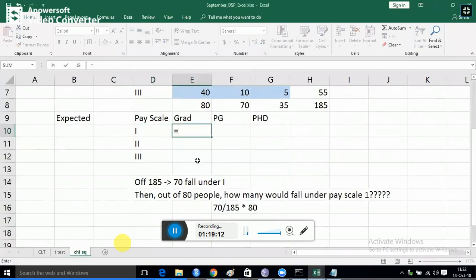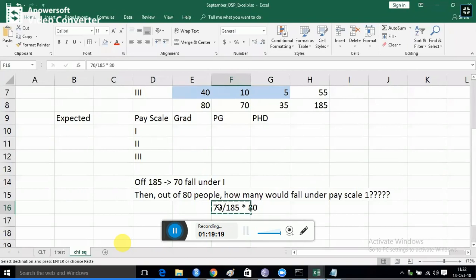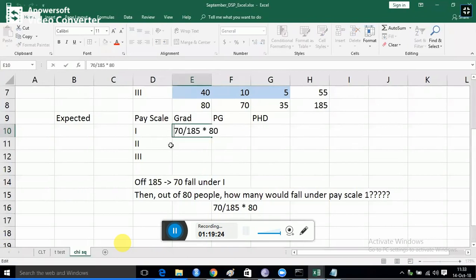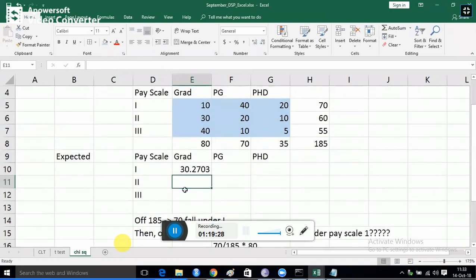So let me add the value here. For this, 60 into 80 by 185. Yes or no? Out of 185, 60 people fall under pay scale 2. Then out of 80, how many people will fall under pay scale 2?